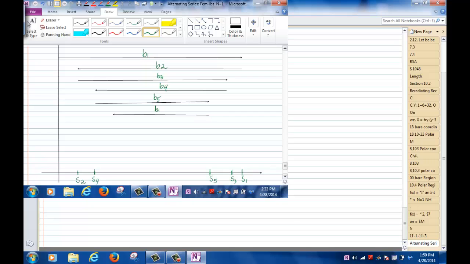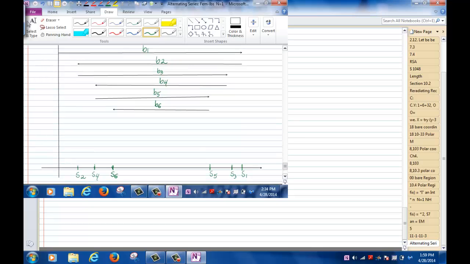So I get B6, and then this would be S6. Okay, so does anyone see what's going on here? B1, and then I'm subtracting B2, and then I'm adding B3, B4, and so on. What's happening to the partial sums?